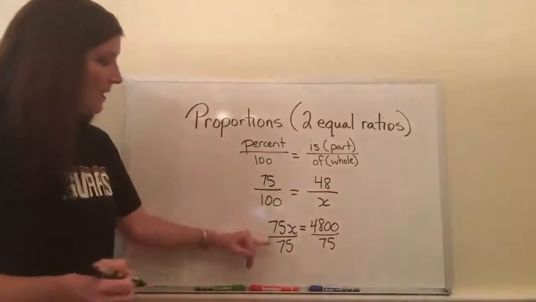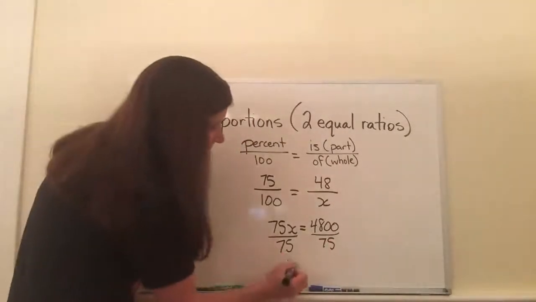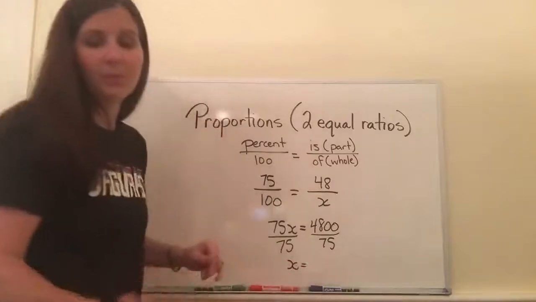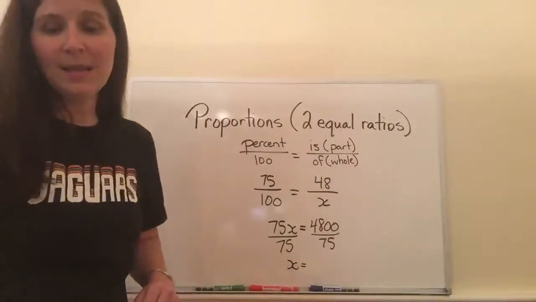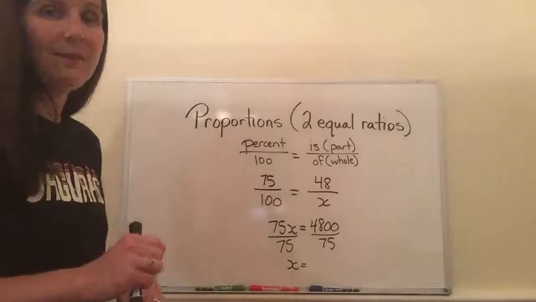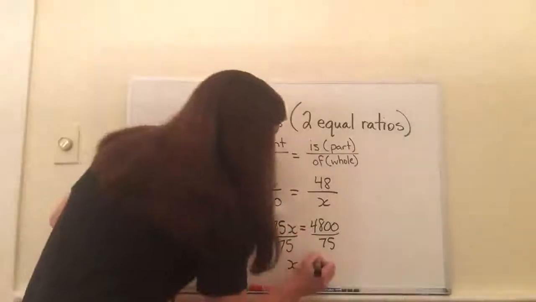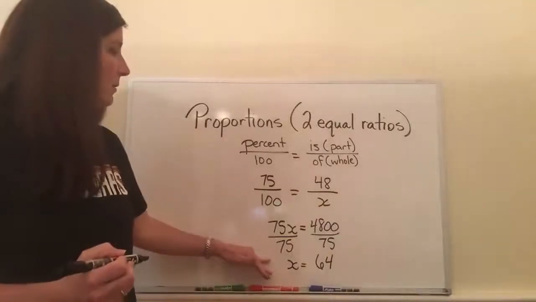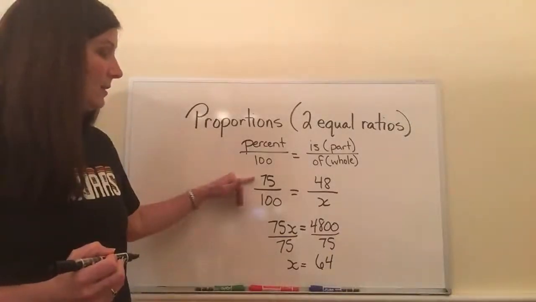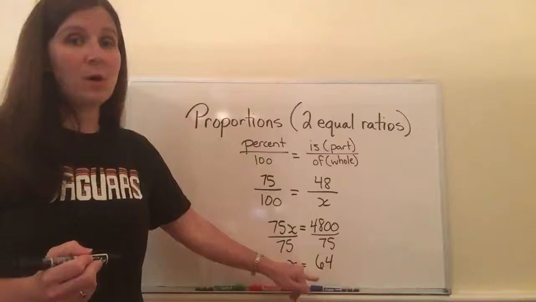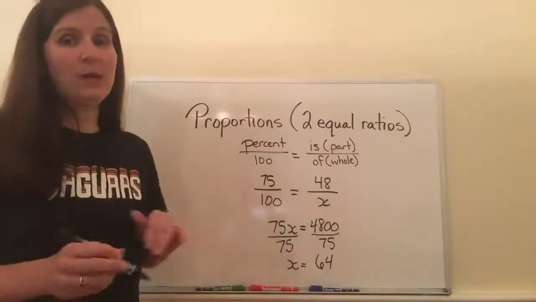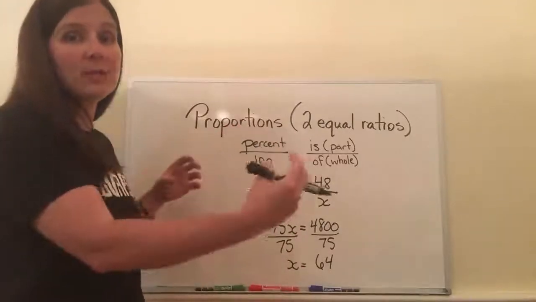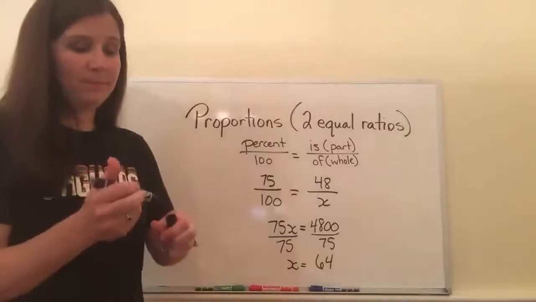So 75x divided by 75 leaves us with x. And 4,800 divided by 75 equals 64. So 75% of 64 is 48. Is that full sentence with everything involved.